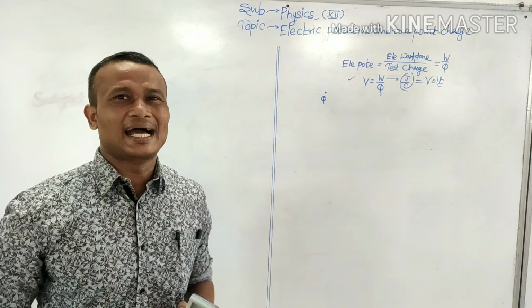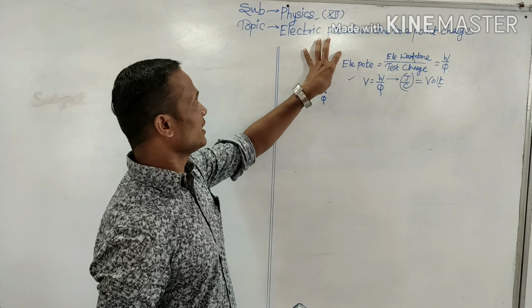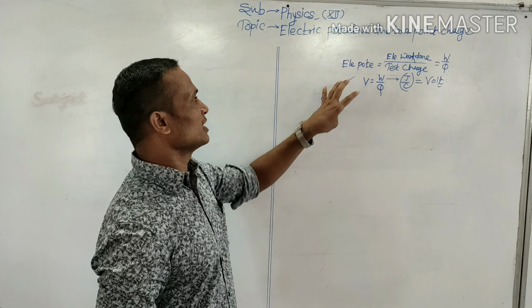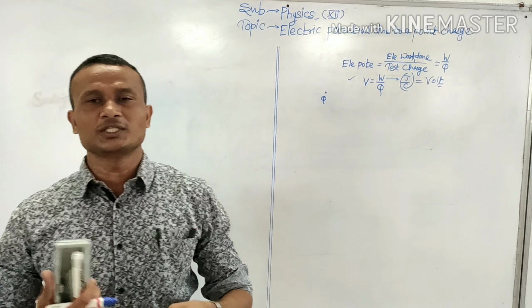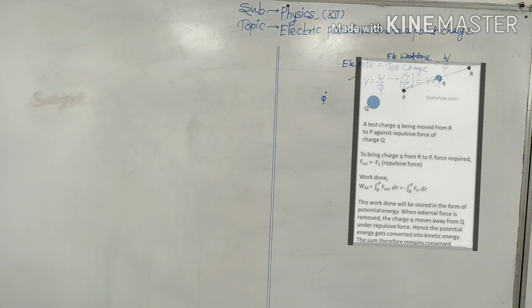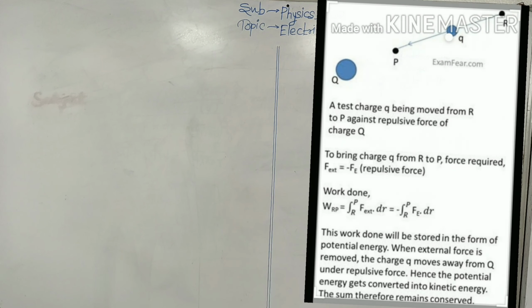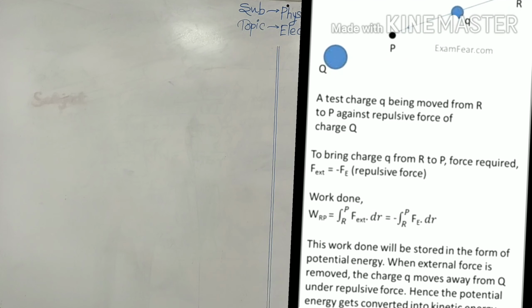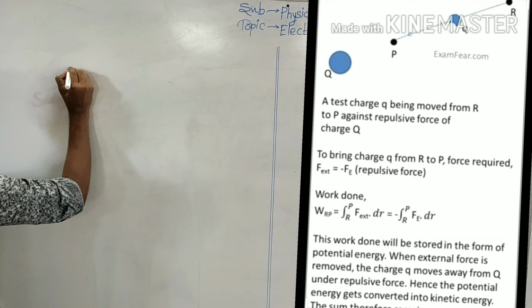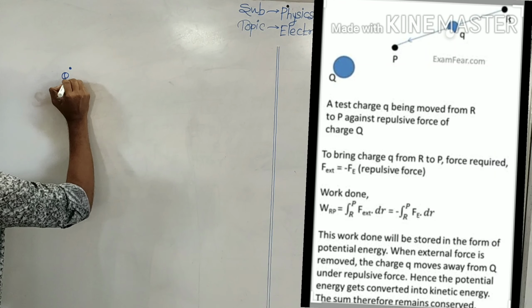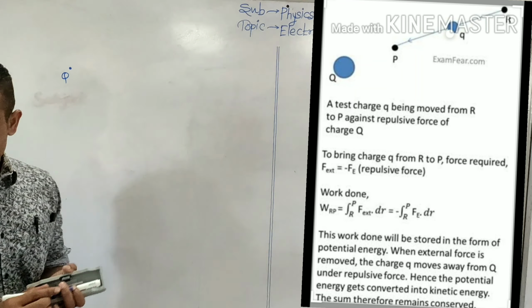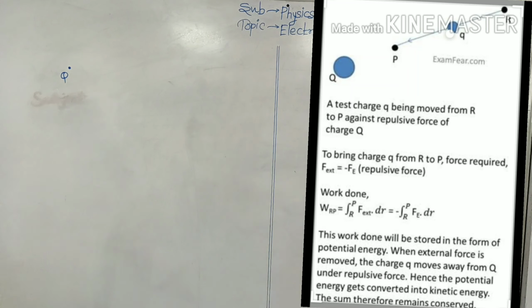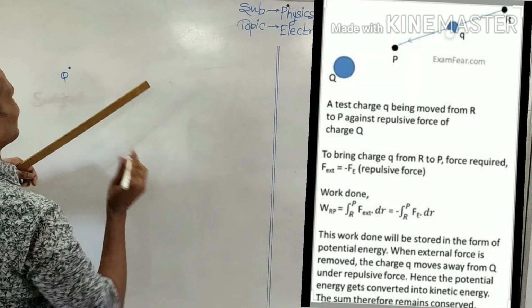Now today's task of ours, we wish to derive the potential developed due to a point charge which we have already positioned in space. So let us consider an electric charge, say for example Q, lying somewhere in space, right? And we wish to derive the potential due to this charge at distance r.